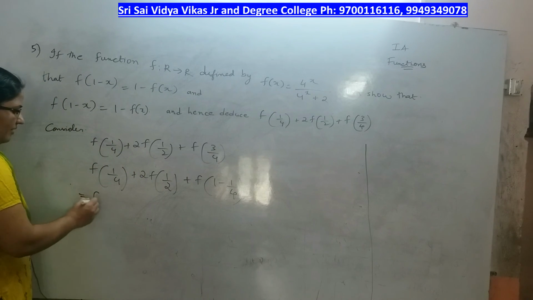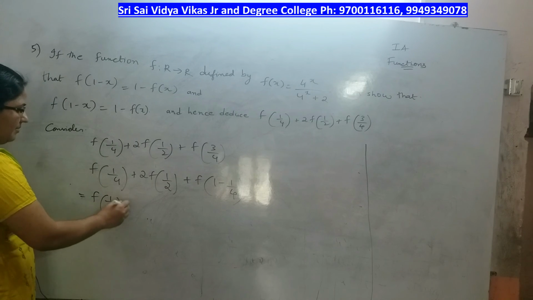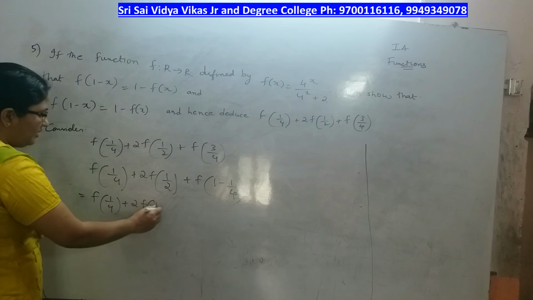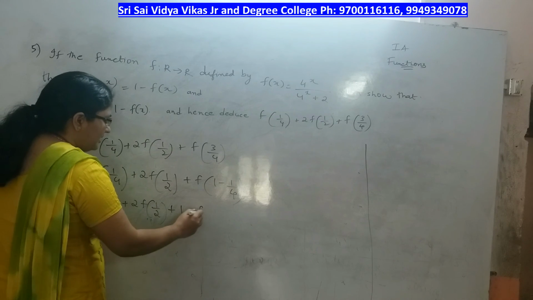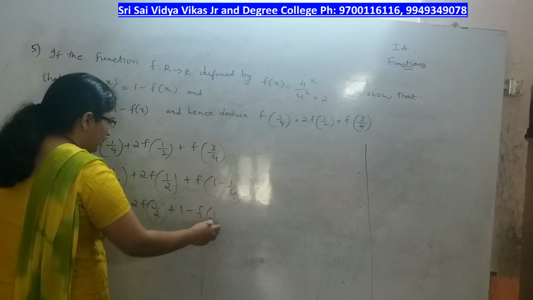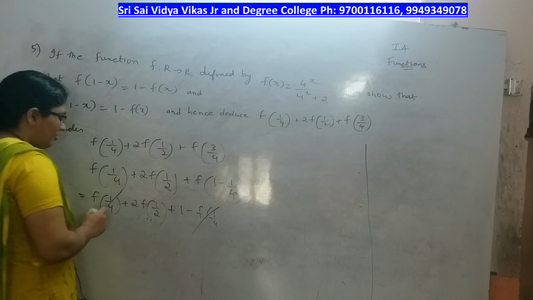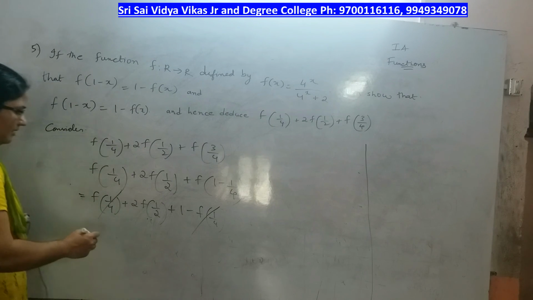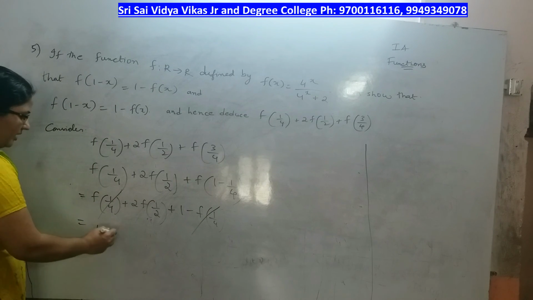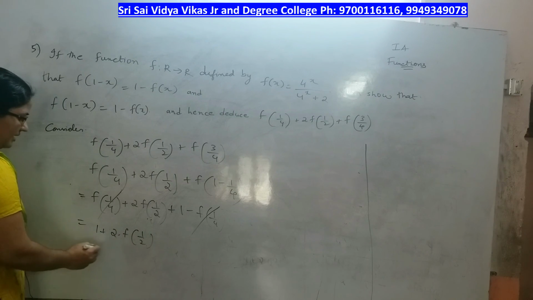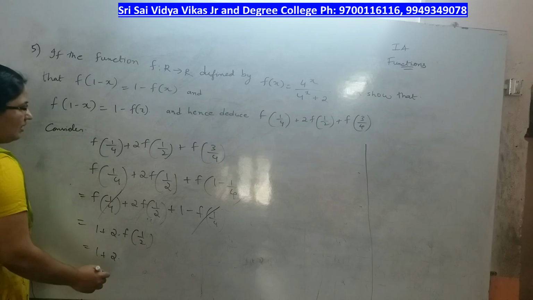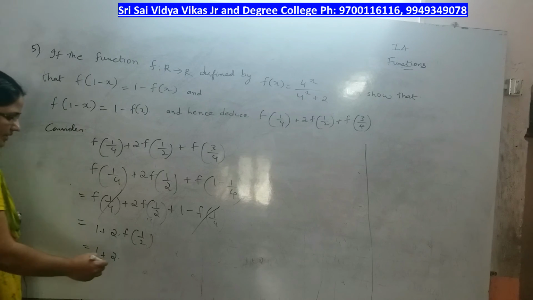This is equal to f of 1 by 4 plus 2 into f of 1 by 2 plus 1 minus f of 1 by 4. f of 1 by 4 minus f of 1 by 4 cancel. You have 1 plus 2 into f of 1 by 2, that is 1 plus 2 into, what is f of 1 by 2?